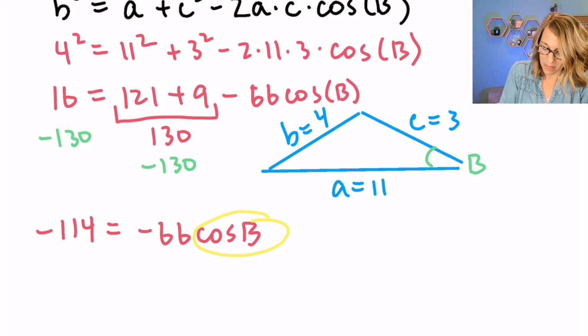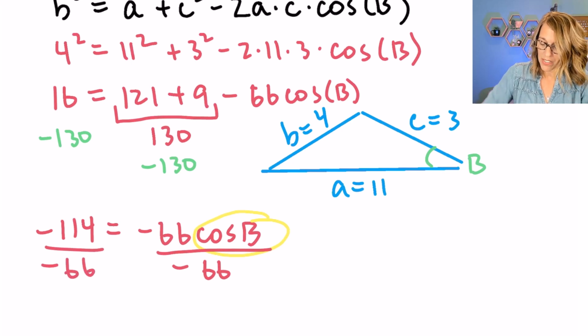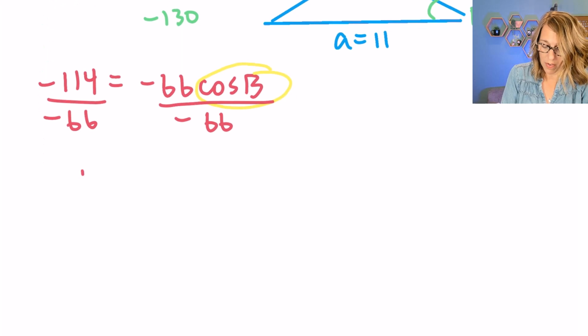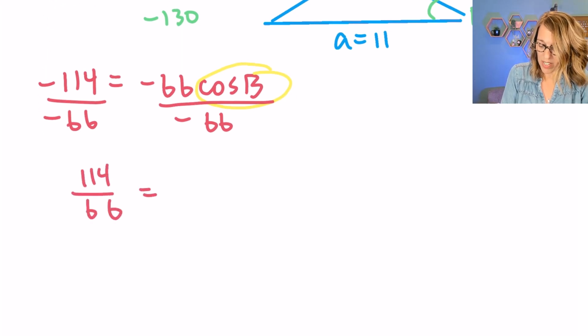If not, that's okay. I'm going to divide both sides here by negative 66. So what I end up with is 114 positive over 66 is equal to the cosine of angle B.